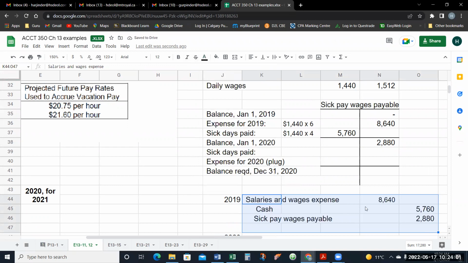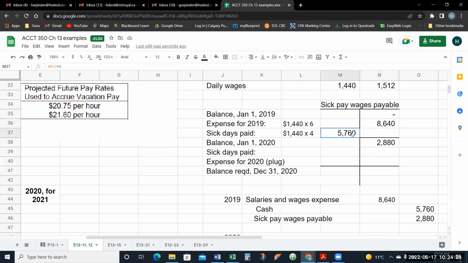So for the year 2019, those would be our journal entries. Debit the salary and wages expense 8,640, credit cash 5,760, credit the sick pay wages payable 2,880. Now you could have split this up into 2 journal entries if you liked. What you would then do is debit the salaries and wages expense for 8,640, credit the sick pay wages payable for 8,640.